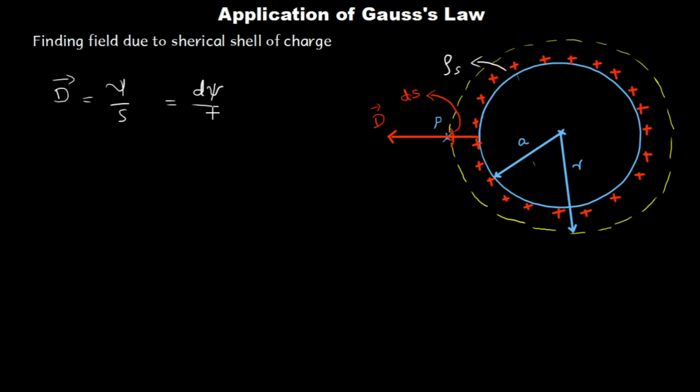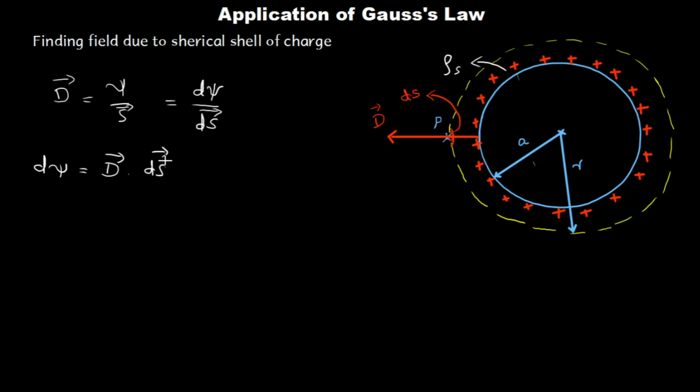So I noted it as d psi. So I can write this as d psi by ds vector. So from this I can easily write what is d psi. So d psi is D vector dot ds vector.